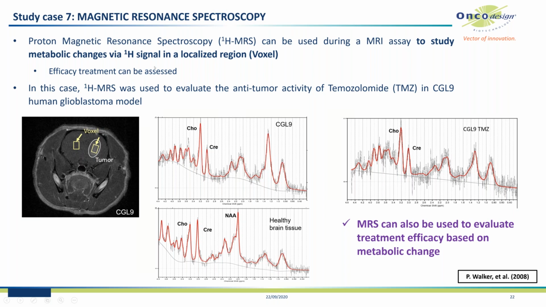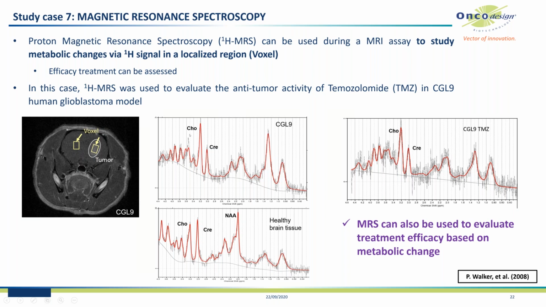So in this example, in a normal brain, you can detect different components like choline, creatine, and N-acetyl aspartate, and some lipids here.